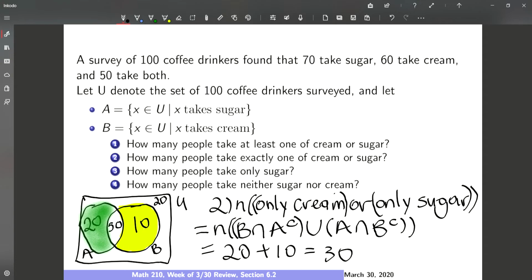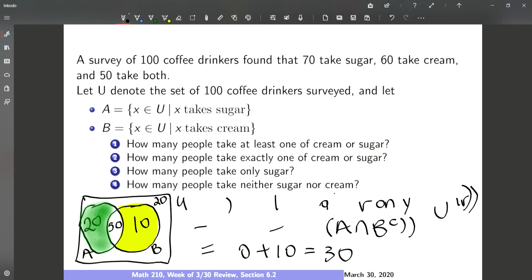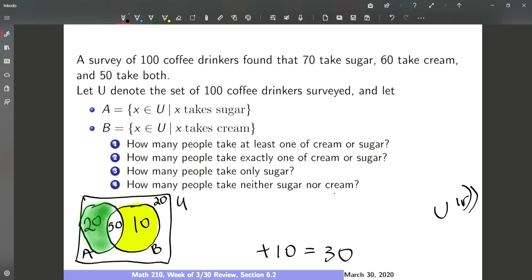So now let's go to number 3. How many people take only sugar? We've already answered that actually in the last question. Only sugar means we're looking for people who belong to the set A and not B, right? So remember that just leaves us with this green part over here.